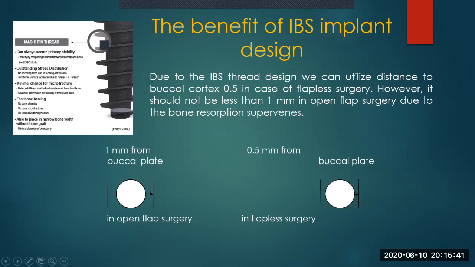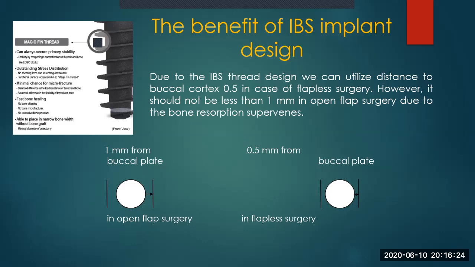So if I don't open a flap, or in case I'm using flapless surgery, it will be enough for me to have only 5 millimeters of bone from buccal and lingual sides. Why? Because there is no reflection of soft tissue. The bone will be preserved, and I'm sure that the bond between the two threads will be enough for the healing of the bone after the dental implant insertion.